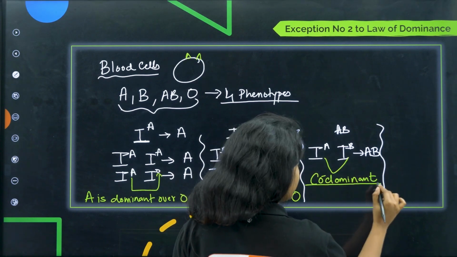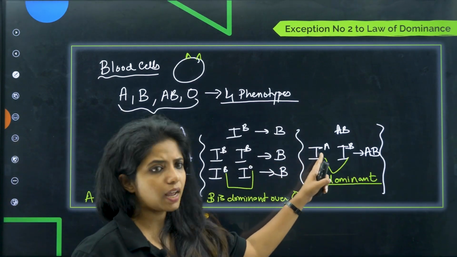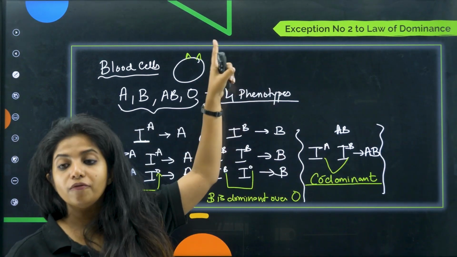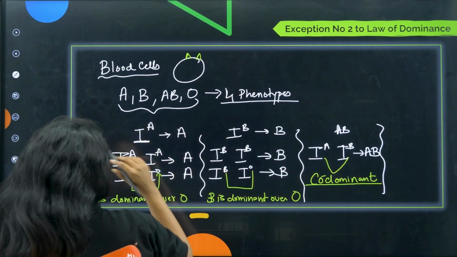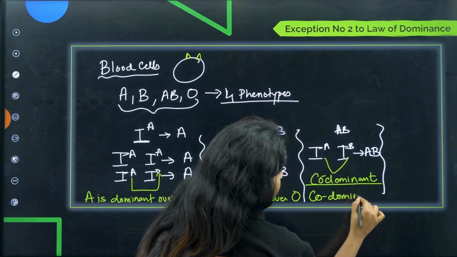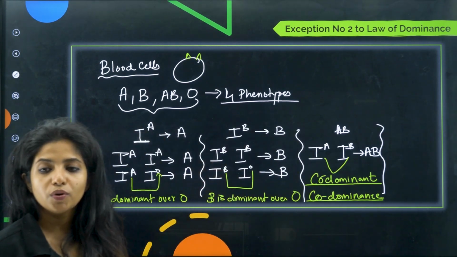But this is not what Mendel thought. Mendel said that one has to be dominant over the other. So this is again exception number 2 to the law of dominance, and this exception is known as co-dominance, students. That was incomplete dominance over there. This exception is known as co-dominance.